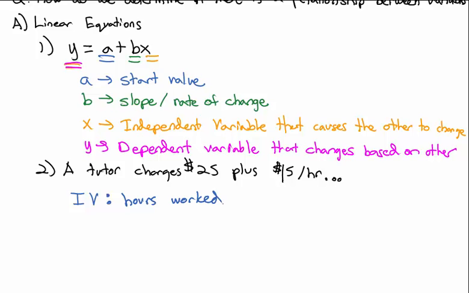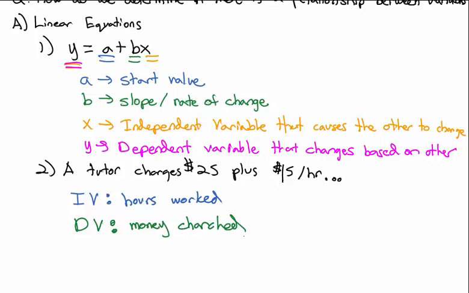The number of hours she worked is independent because her hours aren't based on her money. Her money is based on her hours. The hours are independent. They are controlling and changing the dependent variable, which is the money charged.